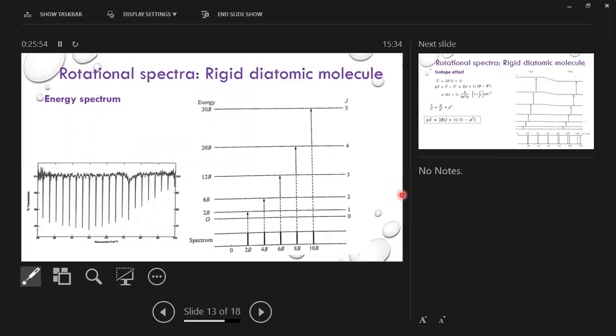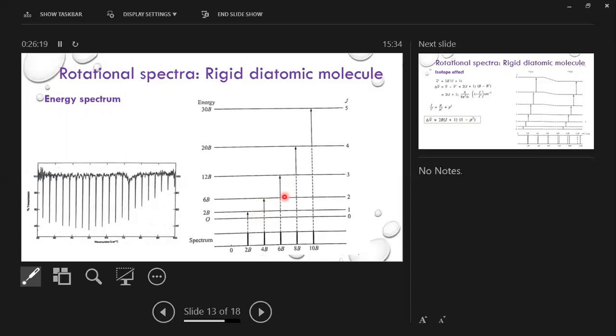As I already mentioned, the selection rule is delta J equal to either +1 or -1. If we take absorption, that means transitions from lower levels to higher levels, so delta J equal to +1. If a molecule goes from here to here, this gap is 2B, so ν̄ equals 2B. From 1 to 2, that will be 6B minus 2B, that is 4B.